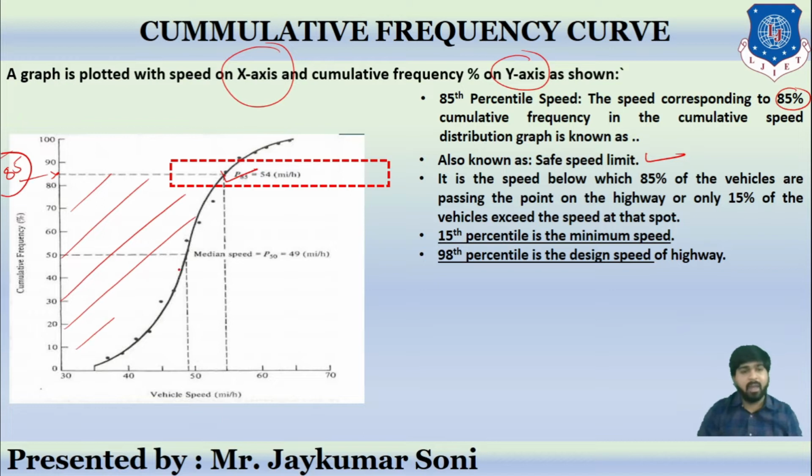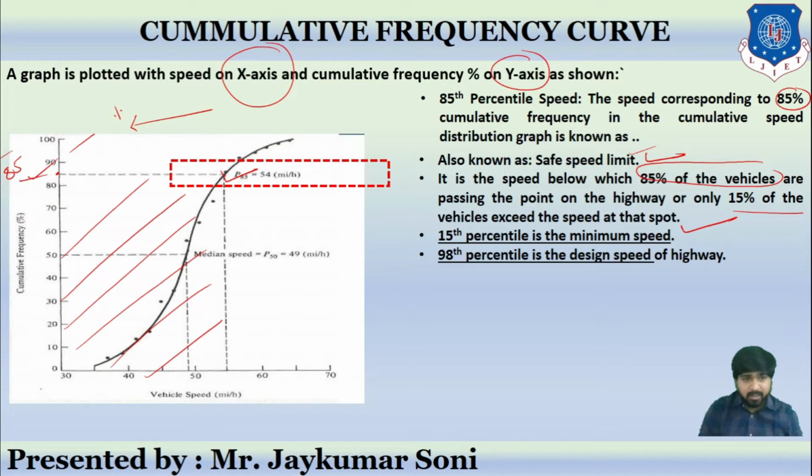The area that I am hatching denotes the speed below which 85 percent of the vehicles are passing the point on the highway, and only the remaining 15 percent of the vehicles exceed this particular speed. The 15th percentile speed is called the minimum speed. The 85th percentile speed is called the safe speed limit.